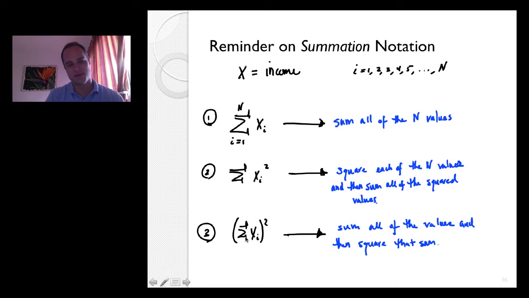Now the difference between 2 and 3 is important, that's why I do this exercise. Here the parentheses are on the summation. So this is telling me not to square individual terms. This is telling me to sum all of the X values like you did in 1, and then square that sum. So 2 and 3 are totally and dramatically different. So beware.